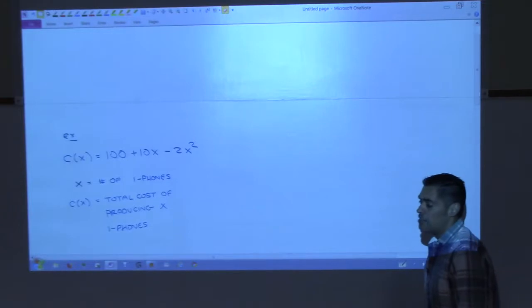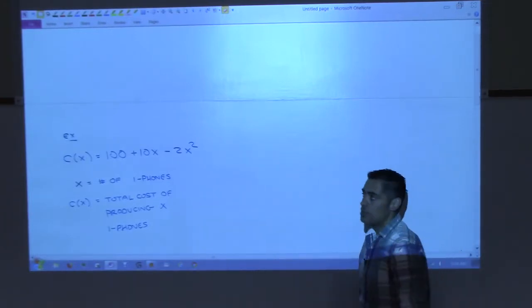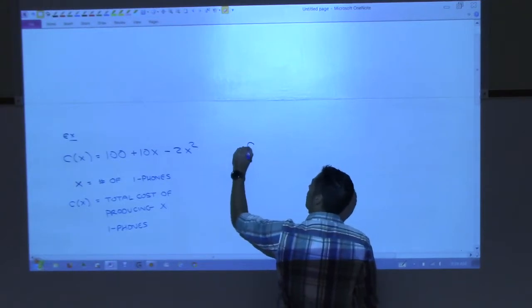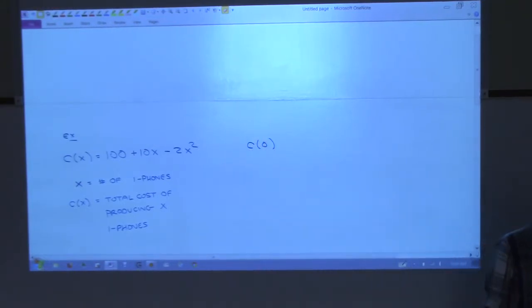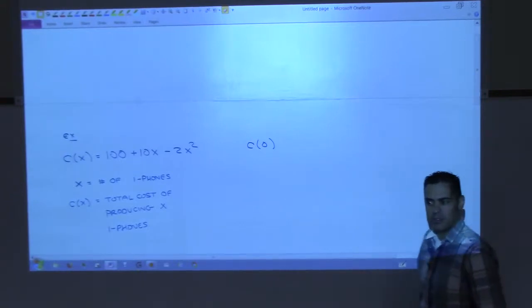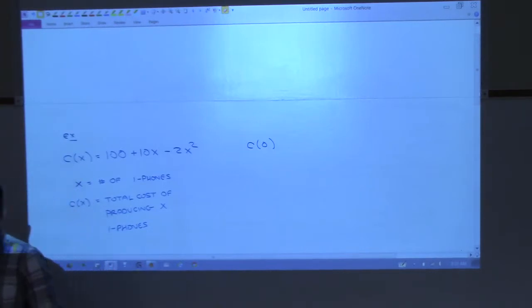So let's try and understand, first of all, what this function gives us. Try and help me interpret what C(0) would be. What does C(0) mean in words? It would be 100, right?